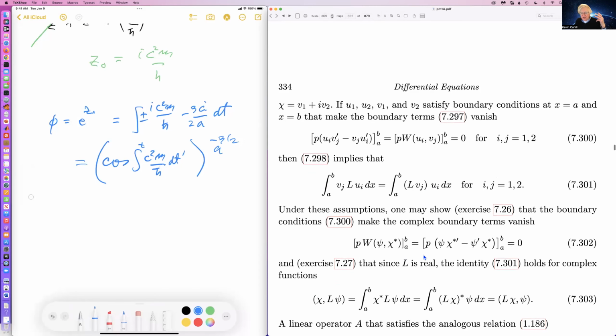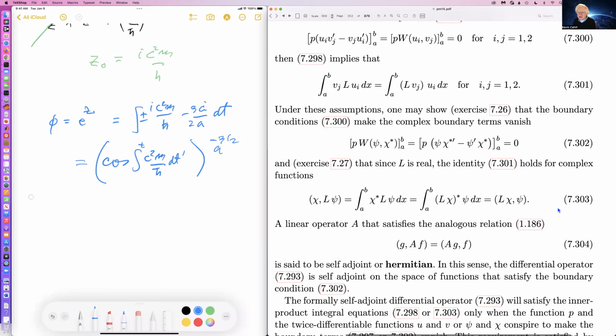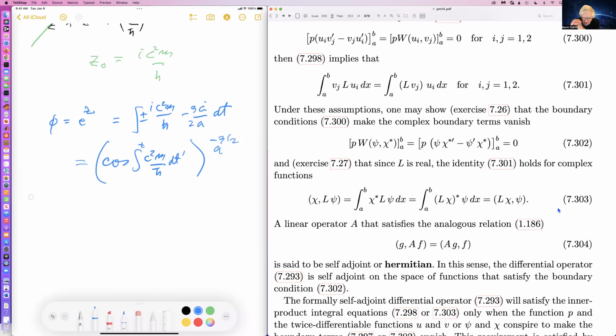And in that case, we can say that P times the complex Wronskian at B minus that at A is 0. And so we can say that chi L psi is equal to L chi star psi, or L chi psi. And this is the expression that we use to say that L was a Hermitian matrix, or a self-adjoint matrix.